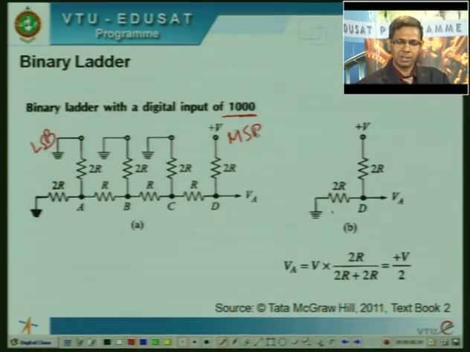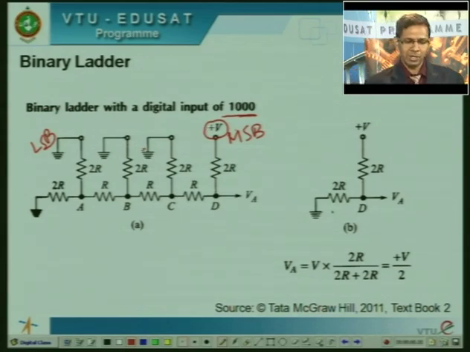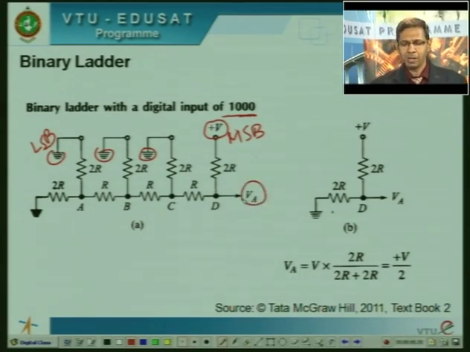That's always the first thing that you have to clarify before you start the analysis. So this being the case, only the first node, which is node D, will be connected to logic high, which could be the supply voltage V, whereas all the other 3 nodes are at ground. Now our job is to find the equivalent analog voltage.